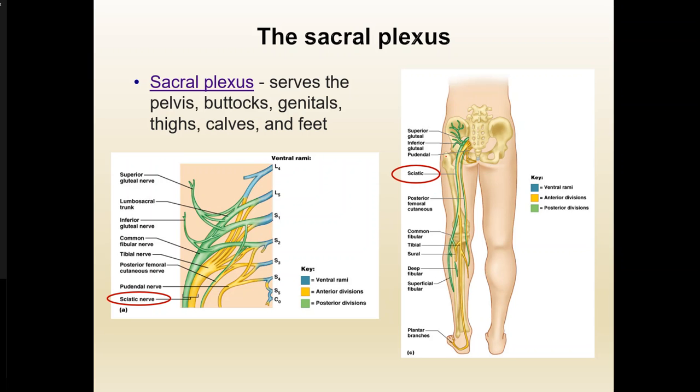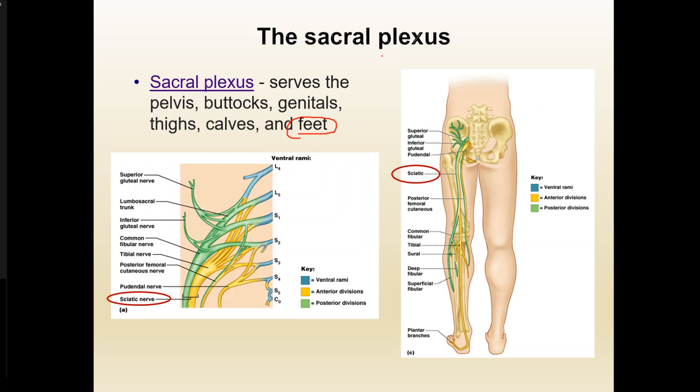And so the sacral plexus serves the pelvis, the genitals, the thigh, and the feet.